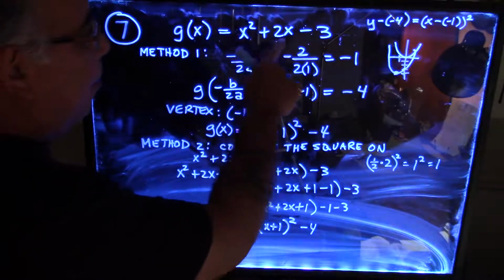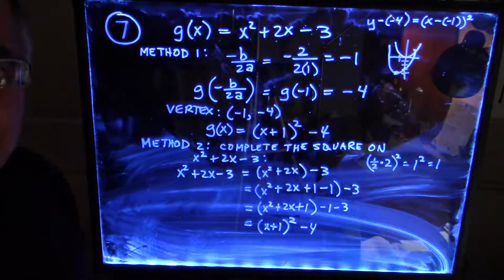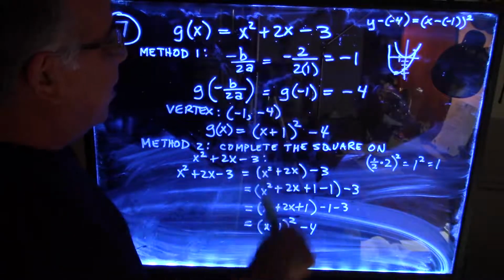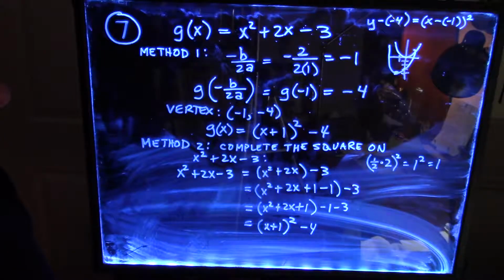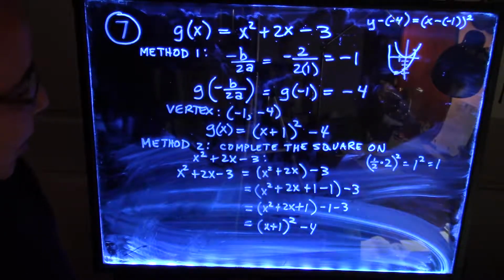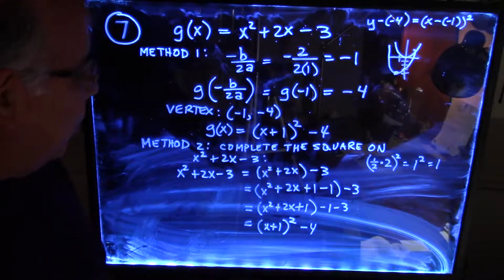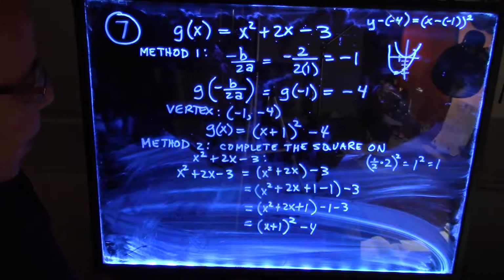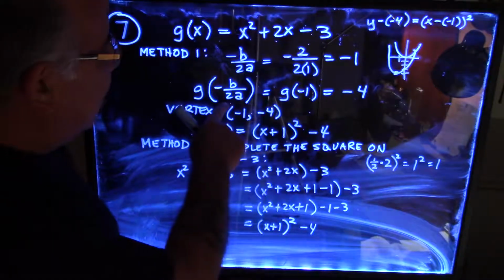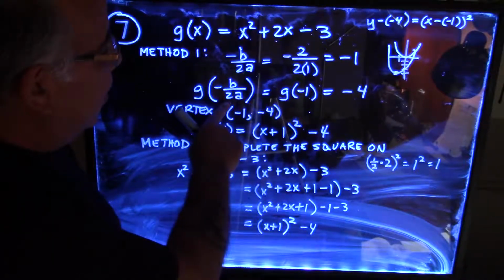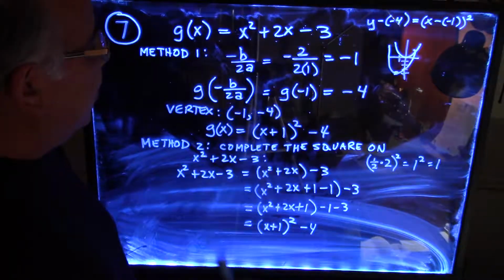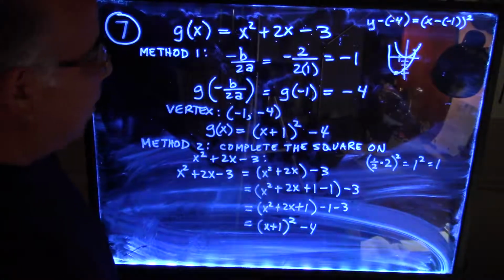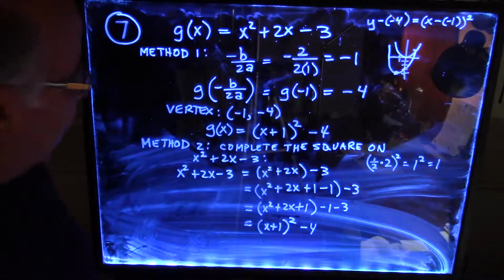If you've got some nasty coefficients up there and you don't want to mess with the calculations, then you can use completing the square and the answer pretty much drops right out. You don't have to do any of those computations that you would here. Admittedly, this part here is probably pretty simple all the time, but this part is the harder part, the evaluating in the function.